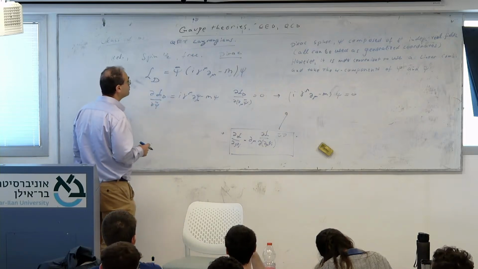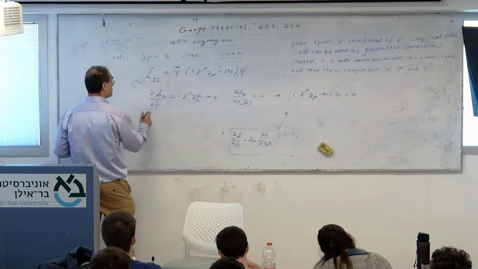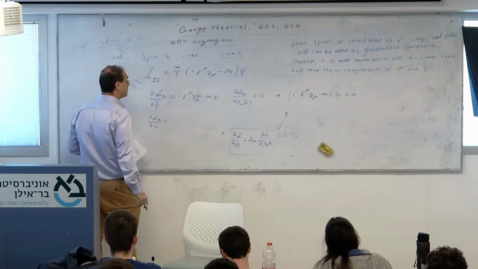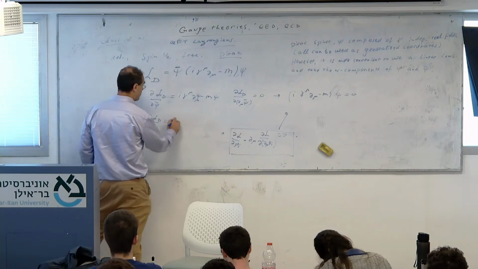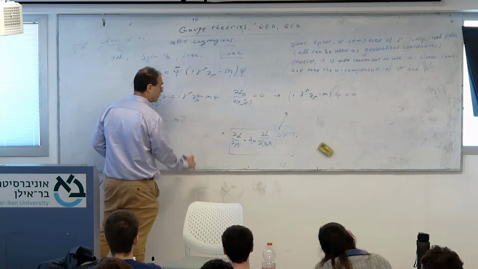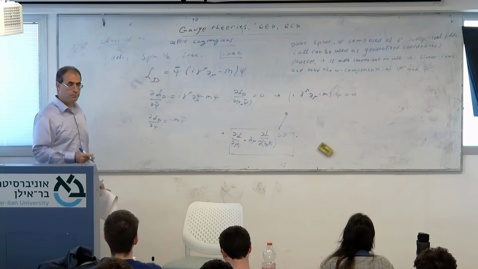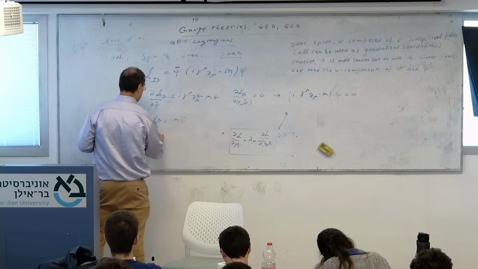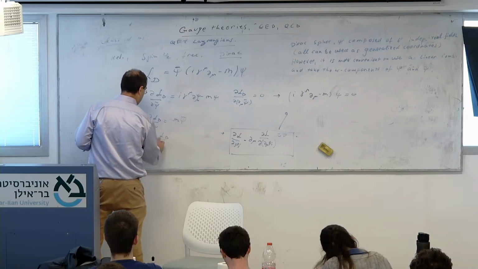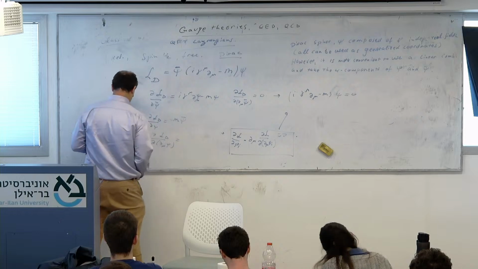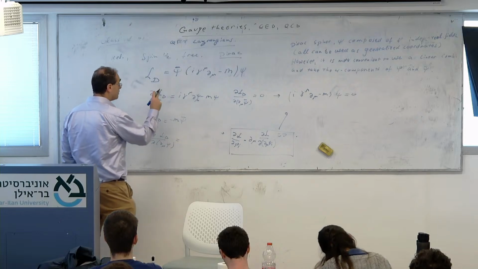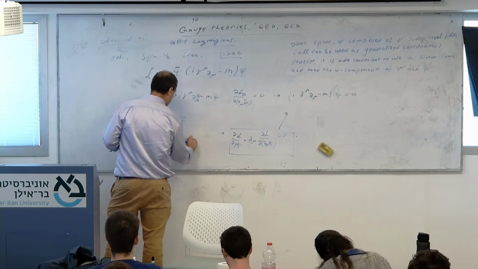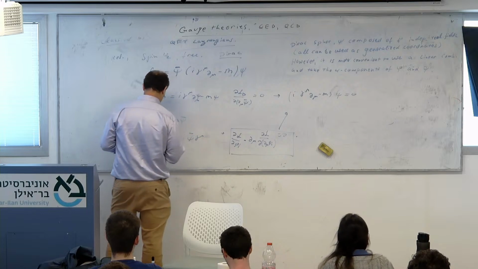Now, what about taking the partial derivative with respect to psi? So dL over d psi, what do we get? Minus m psi bar. We'll switch the order because m is a scalar. And dL Dirac over d mu psi, we get i psi bar gamma mu. Right. Now I have to be careful.